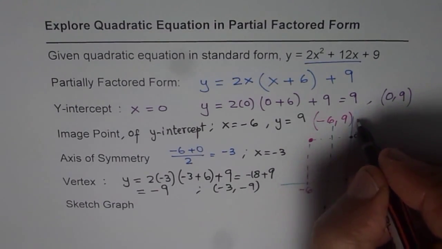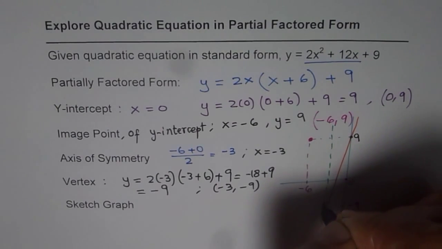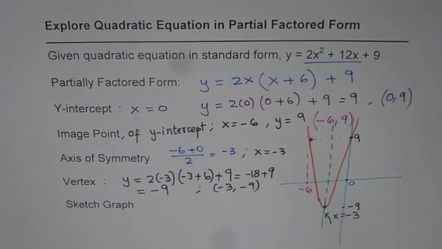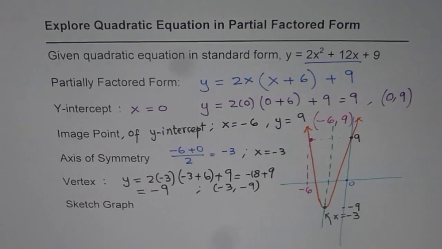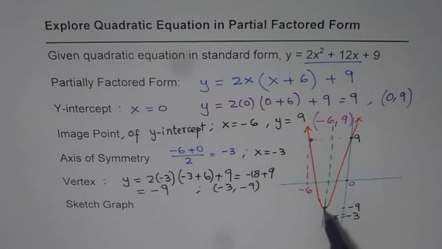So we get our quadratic function, which turns from the vertex and then goes through these 2 points. That's how we can sketch the graph of the quadratic function, and easily we can find the vertex. In this case, since the graph opens upwards, this is positive, we have a minimum at x equals minus 3 and the value is minus 9.